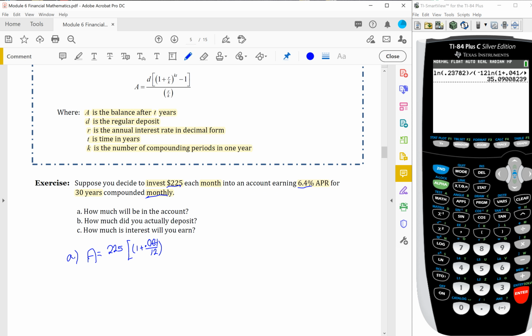Raised to the KT, so 12, where T is our time in years. We're depositing money for 30 years, minus 1. All divided by, again, your interest rate divided by your number of compoundings. So 0.064 divided by 12.